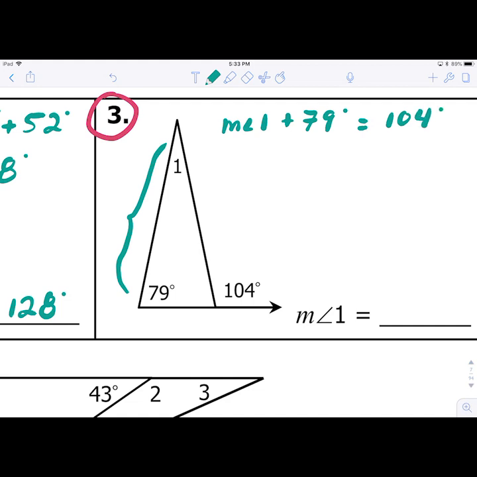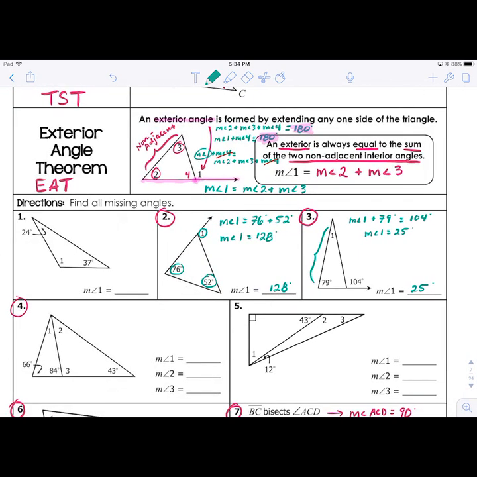So we just subtract 79 degrees from both sides of 104, and you get 25 degrees. Obviously we wish all problems were this simple, but we're going to get into some messy ones, and some problems that relate back to topics that we've already talked about.